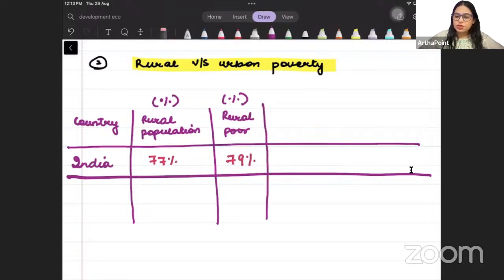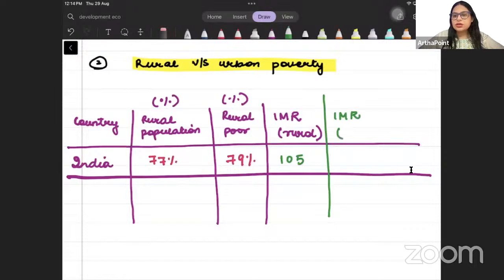Then we talk about the infant mortality rate in the rural region, and we find that it is 105. Whereas the infant mortality rate in the urban region is only 57, much less as compared to the rural area.